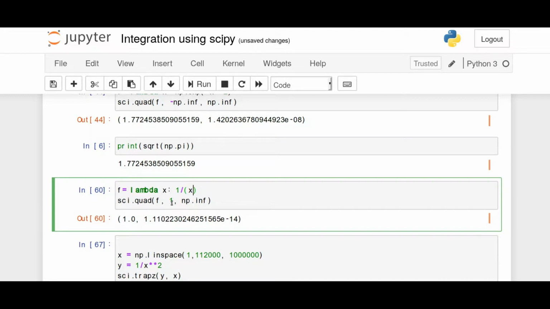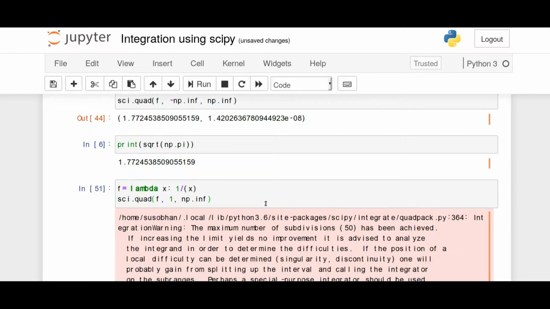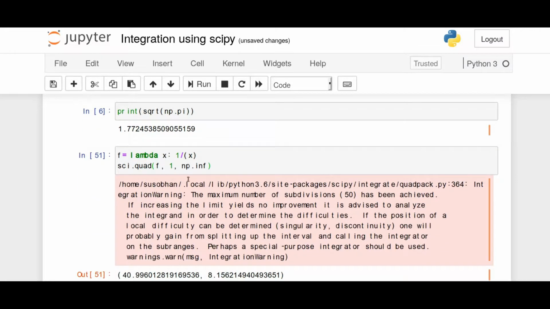This is sci.quad. Just check it. This is an error, and why does this error come? Because we know from our calculations that 1 over x is divergent, and it gives an integration warning.